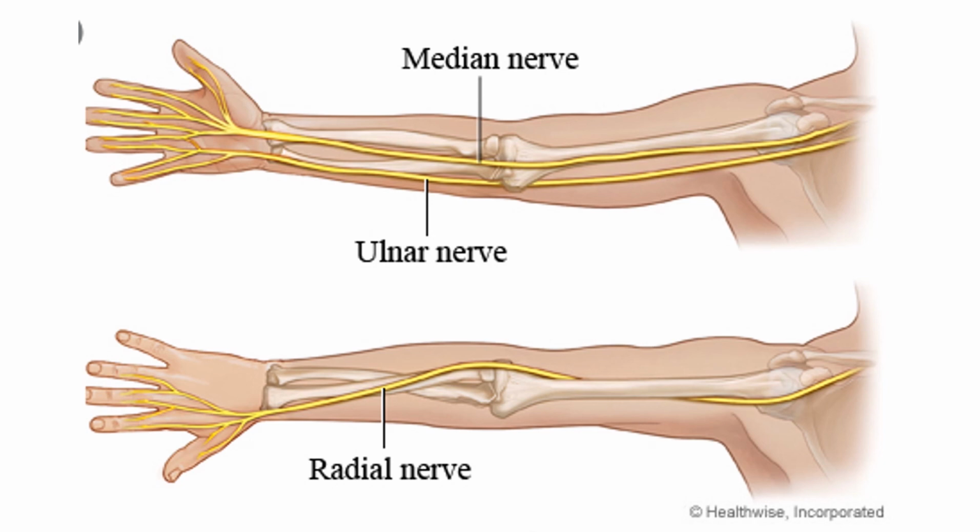Therefore, it is going to supply the posterior compartment of the arm, supplying the triceps muscles, and the posterior compartment of the forearm, and it supplies extensors.